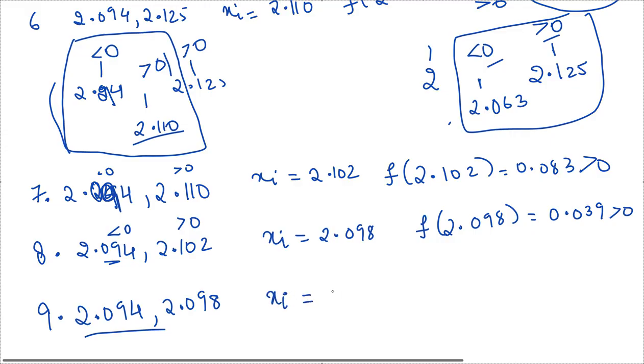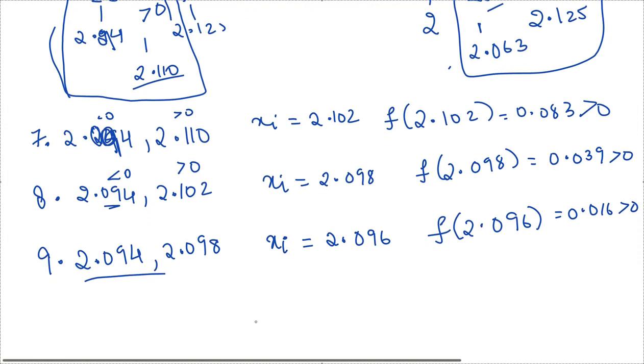Now our xi is 2.094 plus 2.098 divided by 2, which is 2.096. And f of 2.096 is 0.016, which is greater than 0. Okay, so now this is greater than 0. So this one was giving us less than 0, this one was giving us greater than 0.